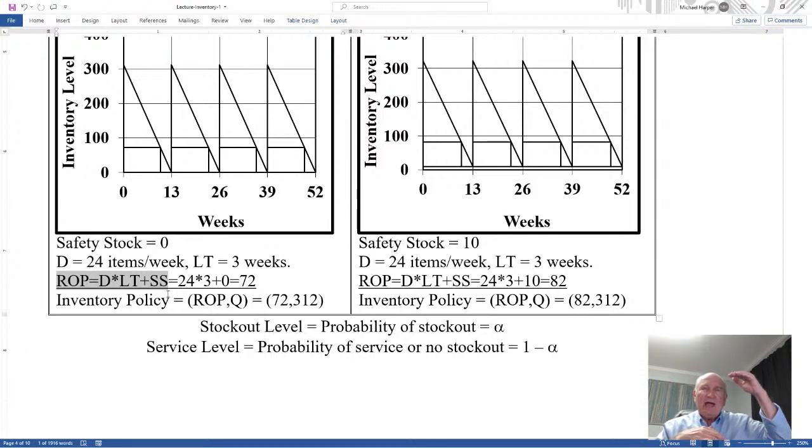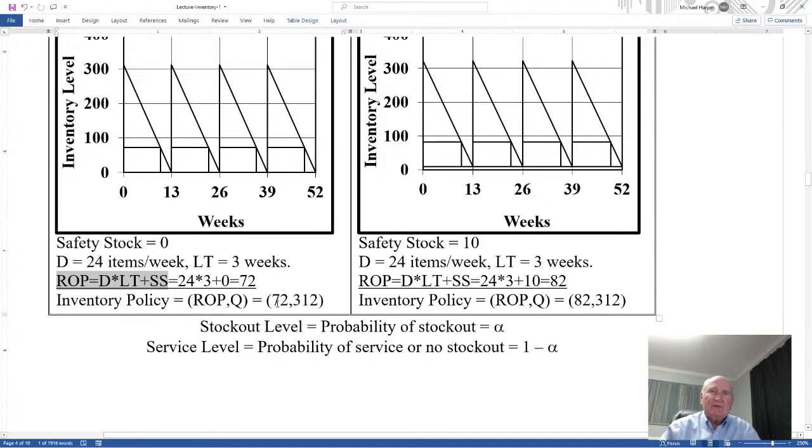The more inventory you have, the better you can service your customers. So as the safety stock increases, your inventory level increases, your service level increases. If the service level increases, that logically implies the stock out level decreases. The probability of running out gets less and less when you carry more and more safety stock, or reserve stock or buffer stock. We'll be calculating stock out level next week. But here I just have the definition of it and the relationship of the stock out level and the safety stock and the service level and the safety stock.